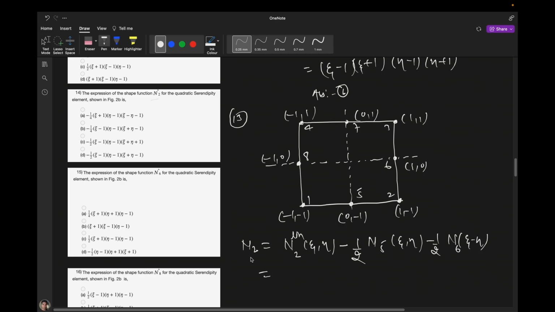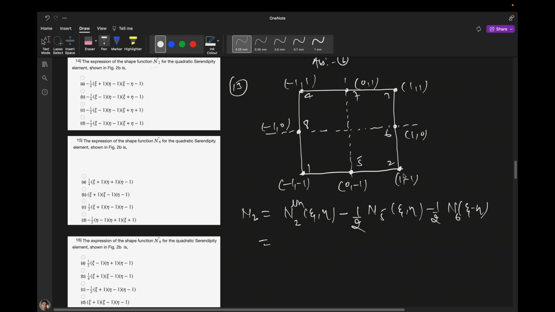Okay, so what is the linearized shape function for this 2?